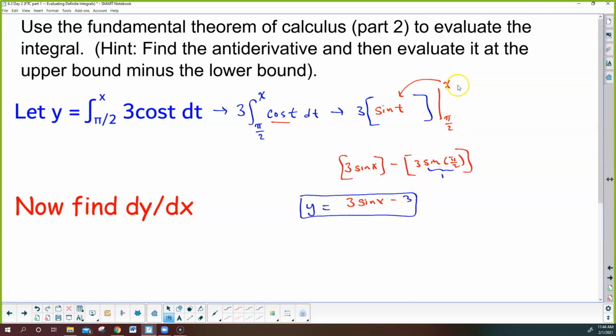It was formed by the bounds. But now, what if I take the derivative of this? So dy dx, well, the derivative of 3 sine of x, the 3 is a constant, that's going to stay. The derivative of sine is cosine, and the derivative of minus 3 is 0.